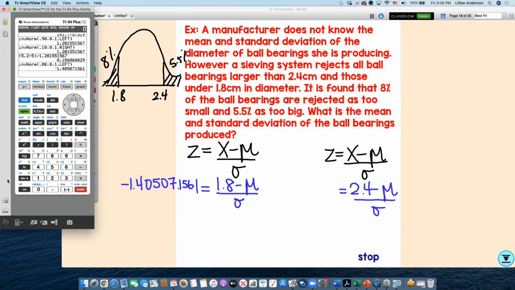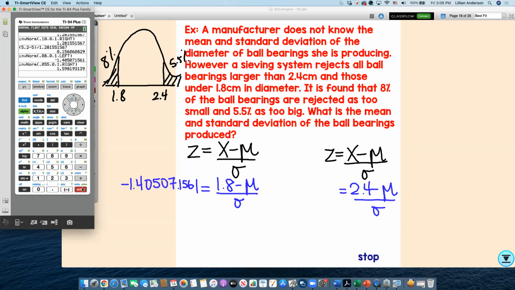Okay, so first, before you go to inverse norm, do 1 minus 0.055. And then whatever that value is, that's what you plug in for area. But for me, I can just do 0.055 and I just tell my calculator to do the right tail. I get it. So when I go to paste it, that's my Z-score that goes in.